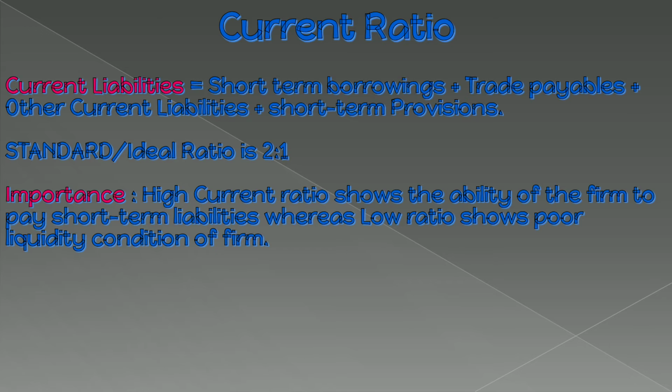It means if any firm's current ratio is 2:1, then we can say they are at the best level. Your current assets must be double in comparison to your current liabilities. That is, if your current liabilities are 1 rupee, how much should your current assets be? If it is so, you are at the best level; it cannot get better than this.